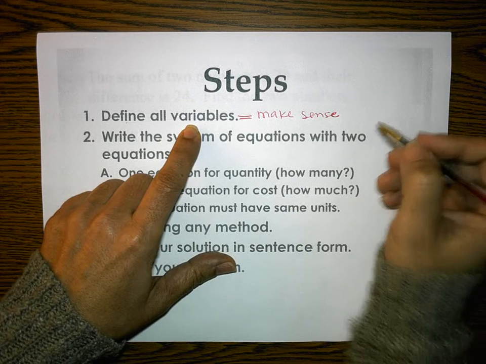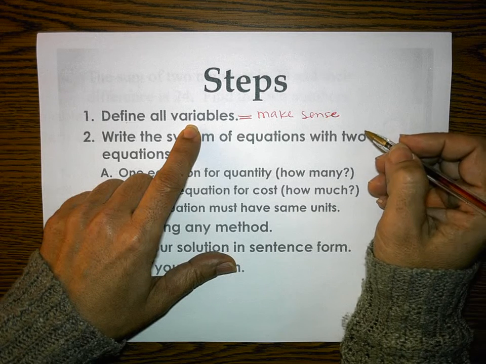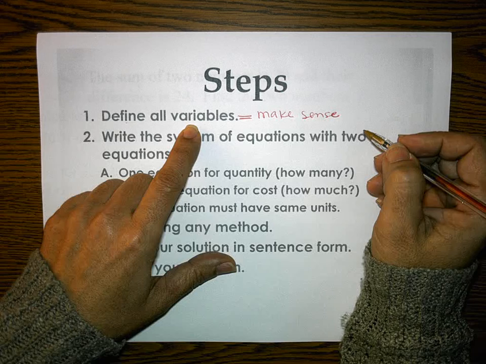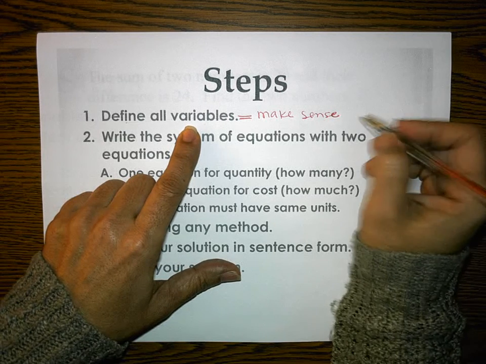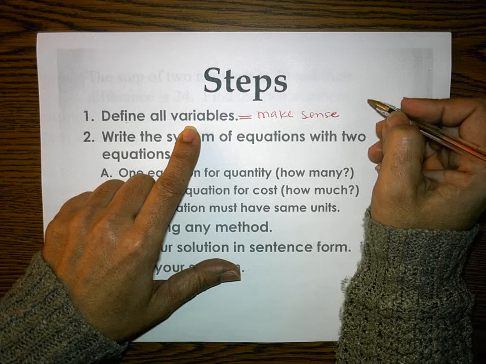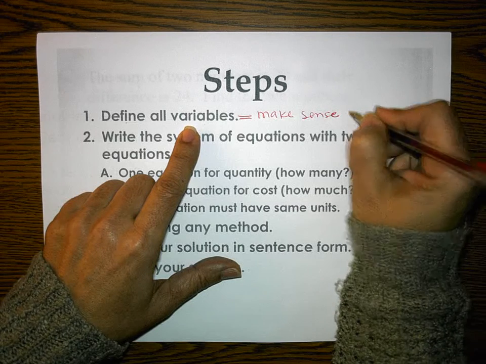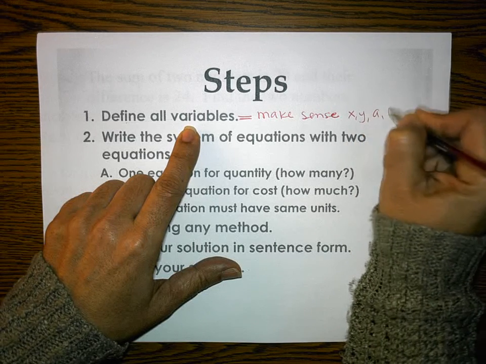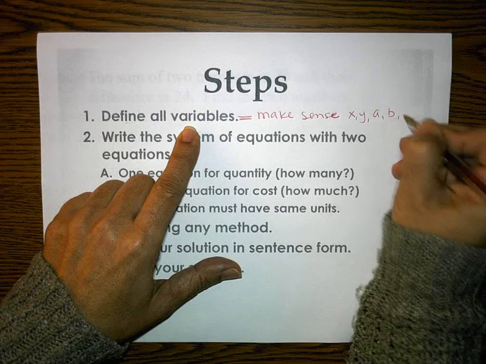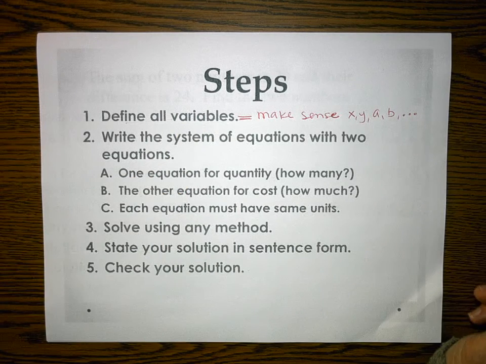Sometimes it's easier if I'm talking about hamburgers and soda, or children and adults, to label according to what I'm trying to solve for so I remember, okay? So use x and y or a's and b's or whatever variable makes sense for that case, all right?